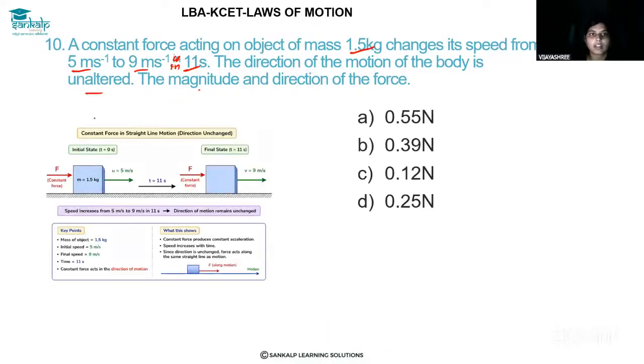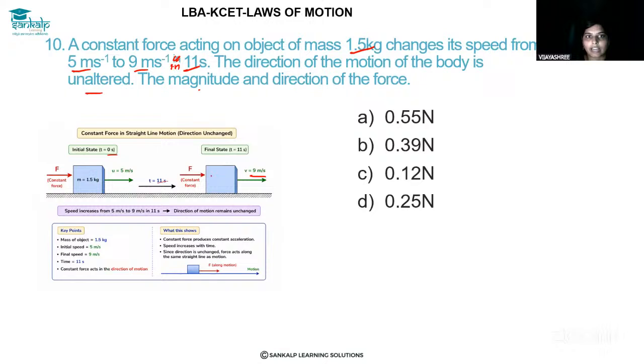Okay, so what is given? A mass of 1.5 kg, with a constant force acting on it. Initial time is 0, and in 11 seconds it attains a final velocity of 9 meter per second.